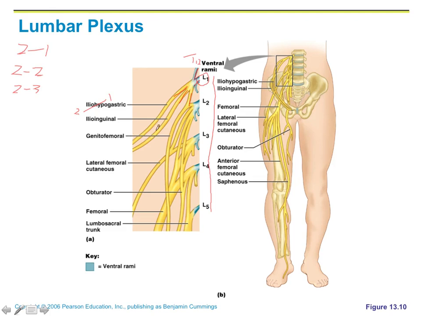L2 also sends a nerve to link with the branches from L3 to form another nerve, called the lateral femoral cutaneous nerve. So these are 2 nerves, and they come from 2 spinal nerves, L2 and L3.